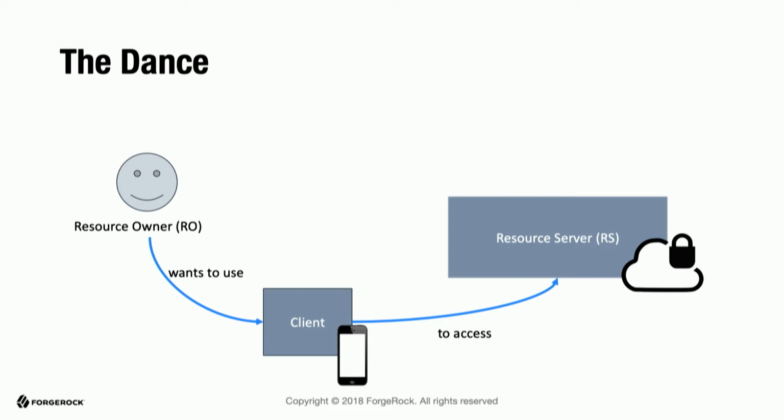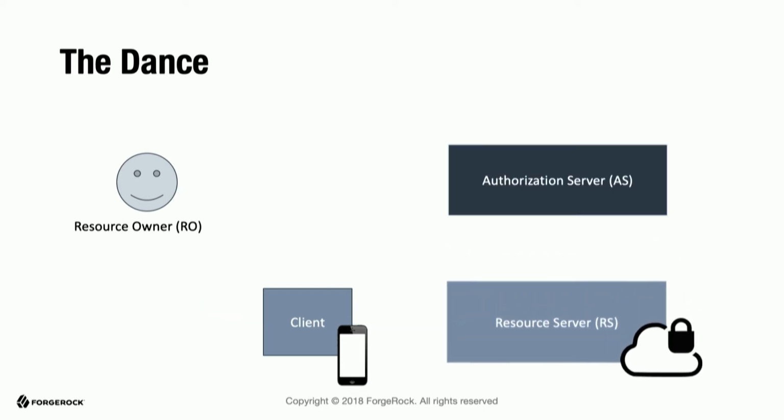These are the terms used in OAuth. I want to be able to delegate some of my authority to this client. So in OAuth, to do this, we introduced a new role known as an authorization server, or AS, which is going to handle this delegated authorization on behalf of the resource server.